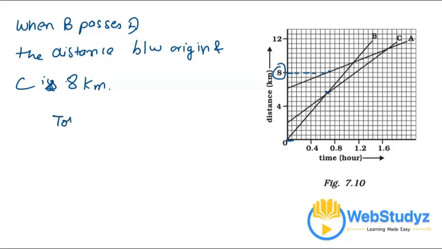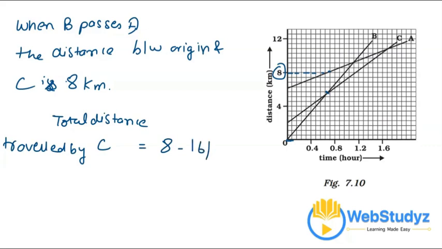So the total distance traveled by C in this time is 8 minus 16 by 7 kilometers.